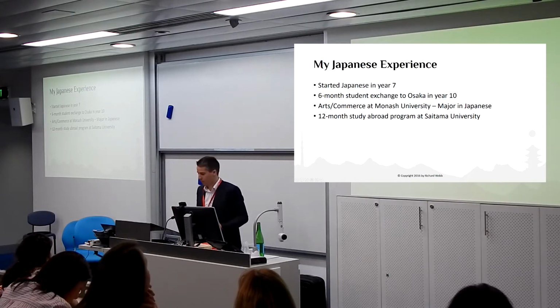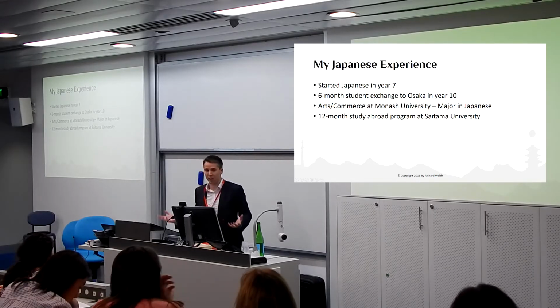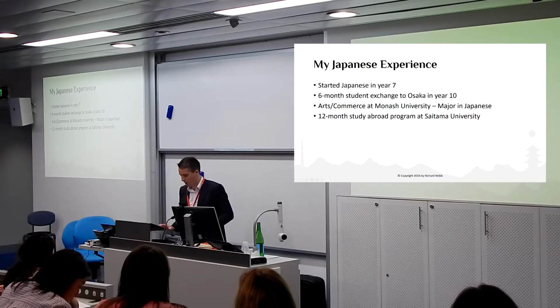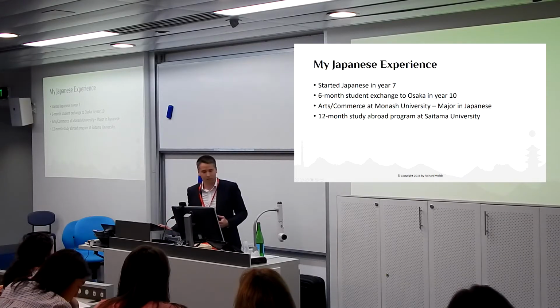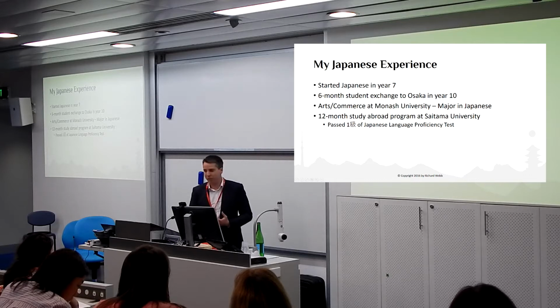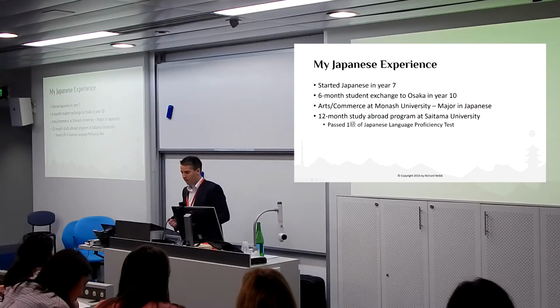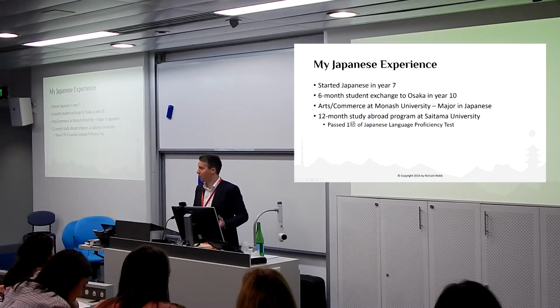By the end of that, I took the level 1 of the Japanese language proficiency test. It was 1Q at the time, it's N1 now. Particularly, I got 93% on the grammar and reading comprehension part. I didn't do quite as well on the kanji and vocabulary.